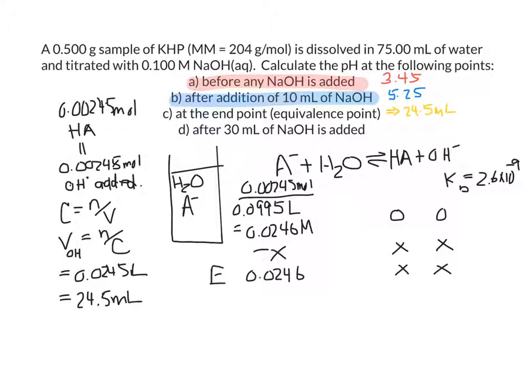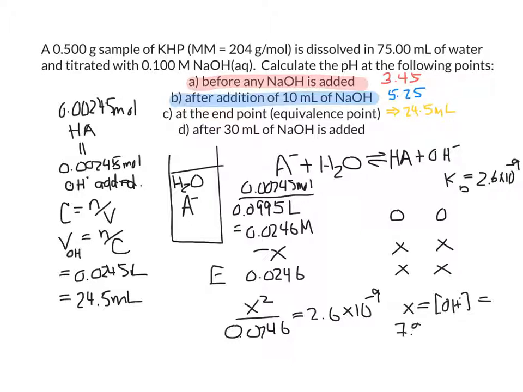I can solve for X by plugging into my equilibrium constant expression for the Kb and solving for X, which gives me an X equal to the OH minus concentration of 7.95 times 10 to the minus 6 molar. From that, I can find my pOH.